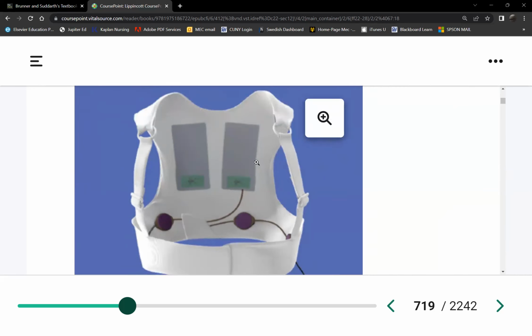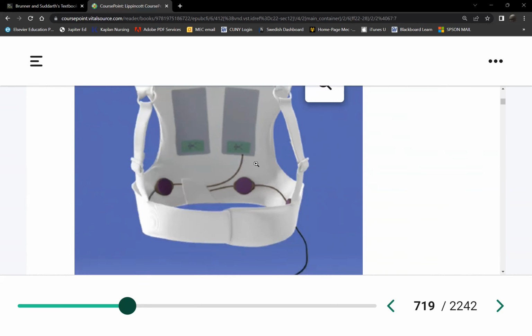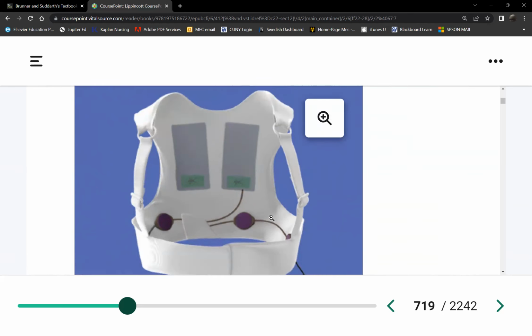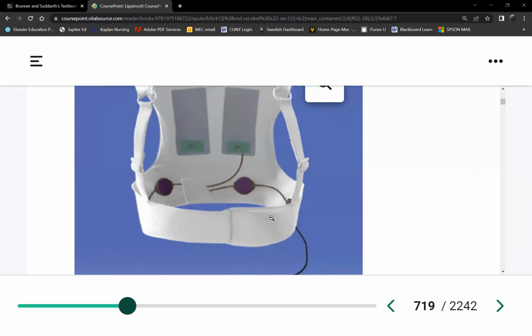It's already designed perfectly. If you wear it, it will sense the dysrhythmia and it will fire. It has large battery packs here. So this will be a defibrillator, an external defibrillator, which otherwise would have been internal, implanted. Not many patients comply with this.